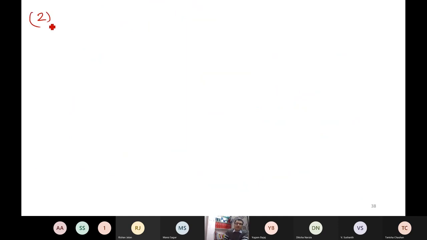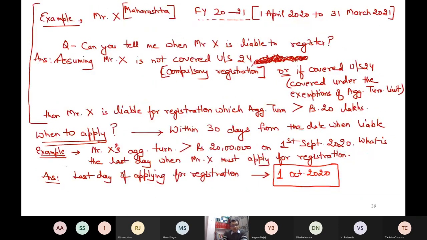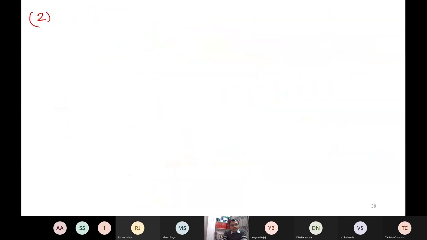This is my second subsection, section 25 subsection 2: single registration.